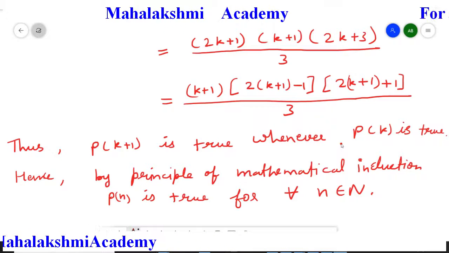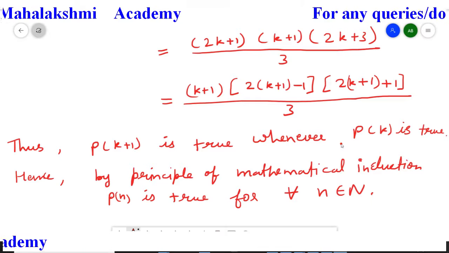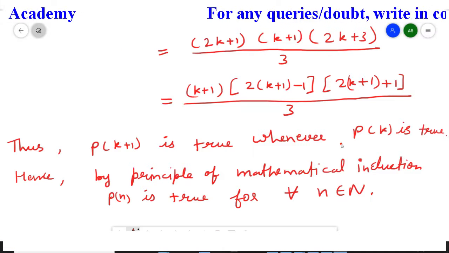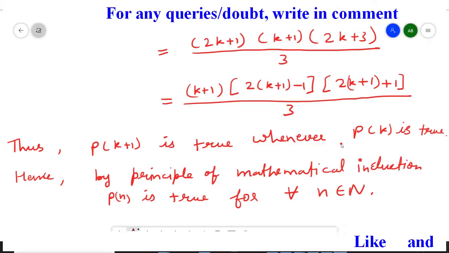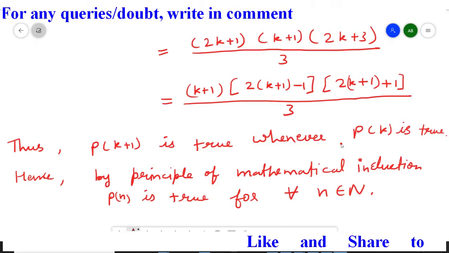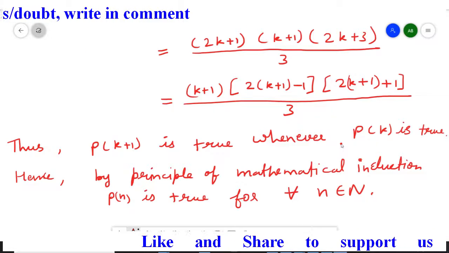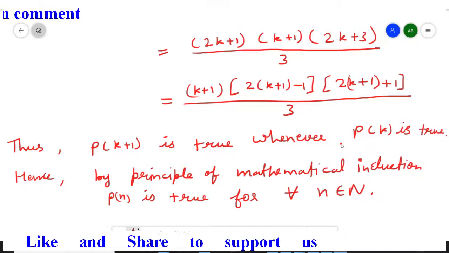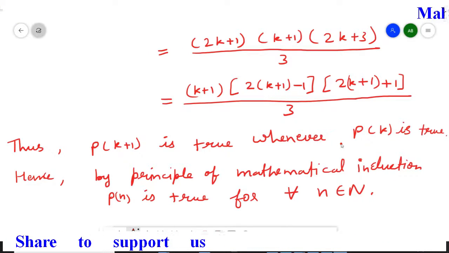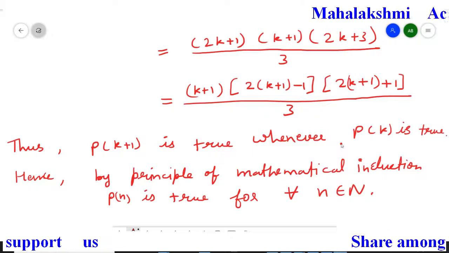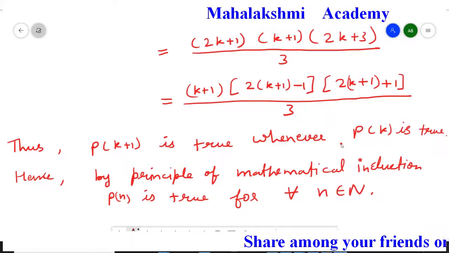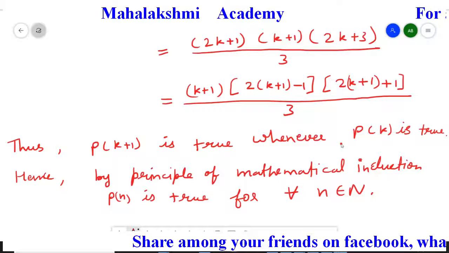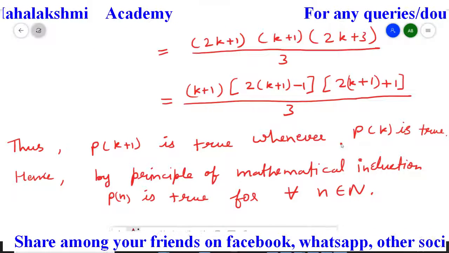So in principle of mathematical induction, you mainly have 3 steps. First, you have to prove the statement for n equal to 1, and in the second step, you have to assume that for n equal to k, the statement Pk is true. And in the third step, which is very crucial and important and very tough also, you have to show that the Pk plus 1 statement is true with the help of the Pk statement.